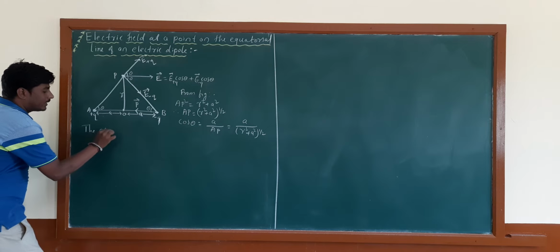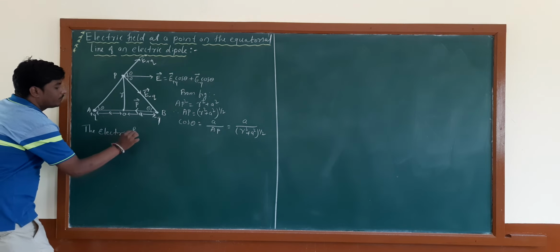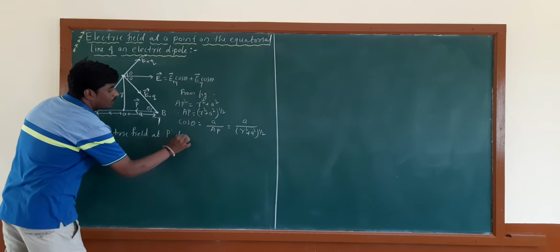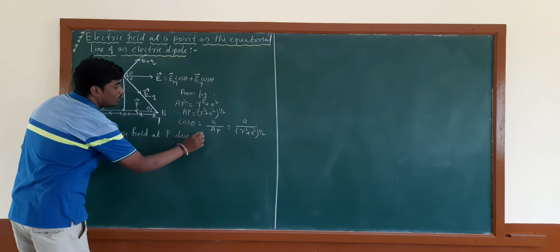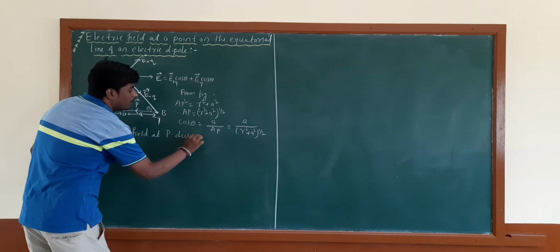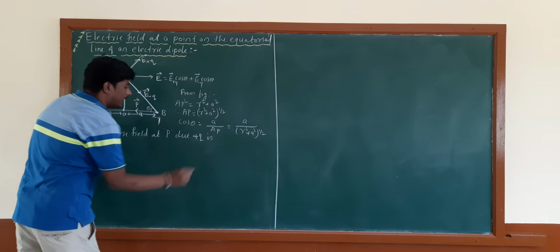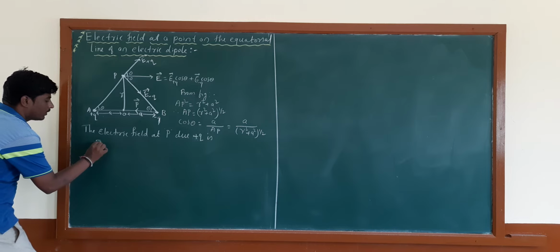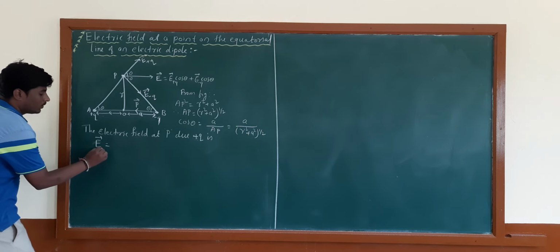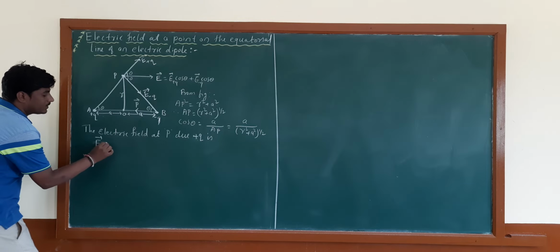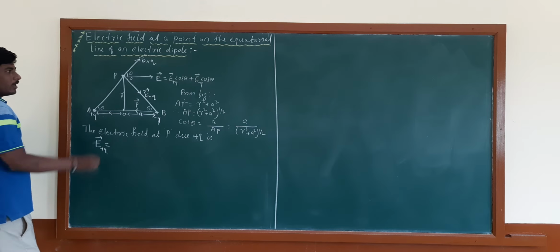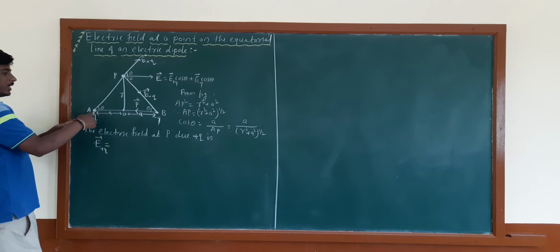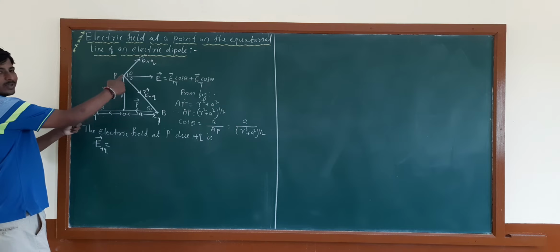Alright. So the electric field at P due to the positive charge, E plus Q, is the electric field at this point at a distance of AP.